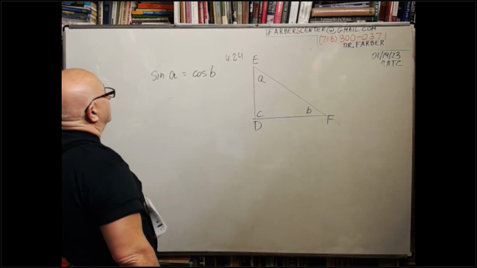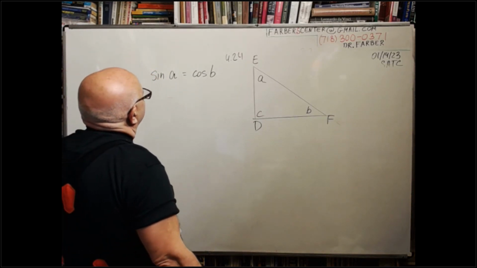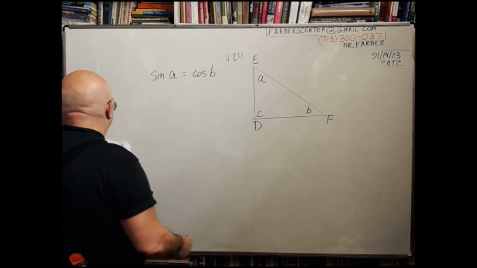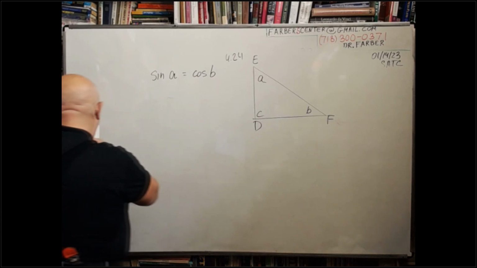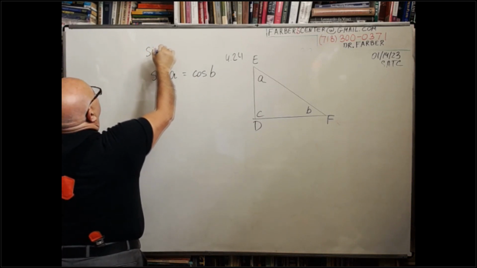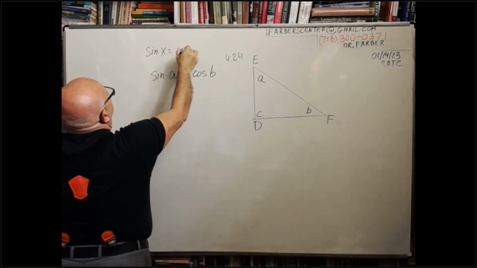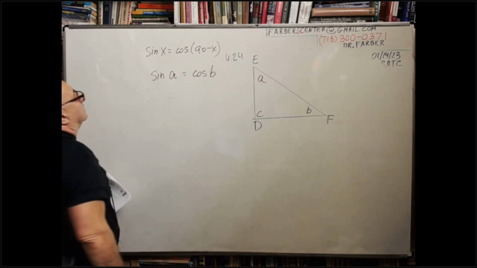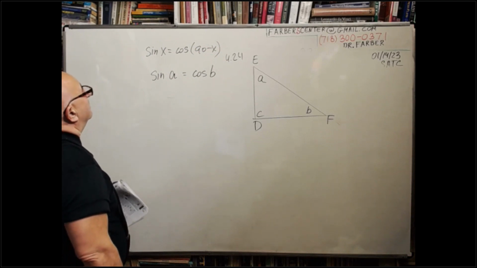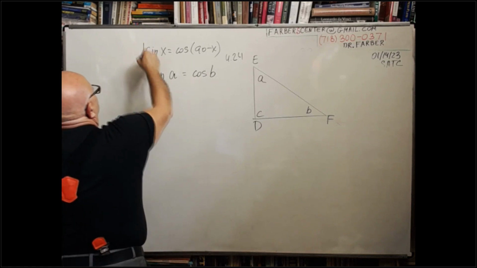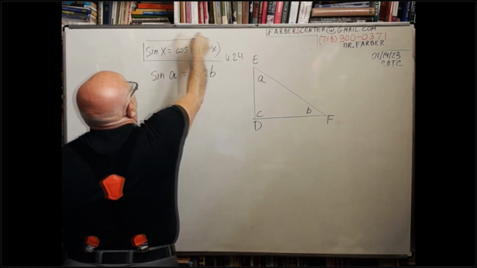Well, from basics of geometry, only for cofunctions, sine of x equals cosine of 90 minus x, and vice versa. So far, so good. This is a basic property of cofunctions from trig.